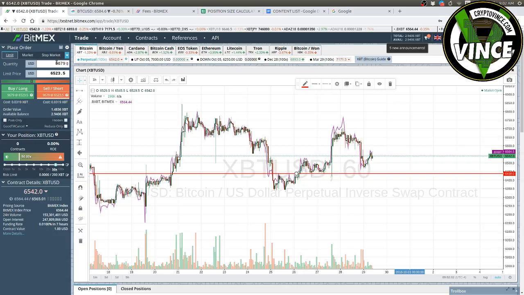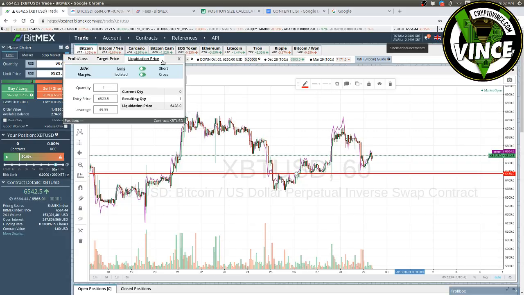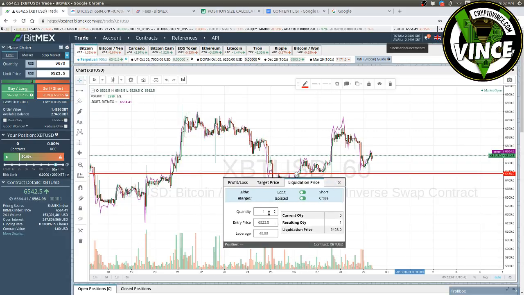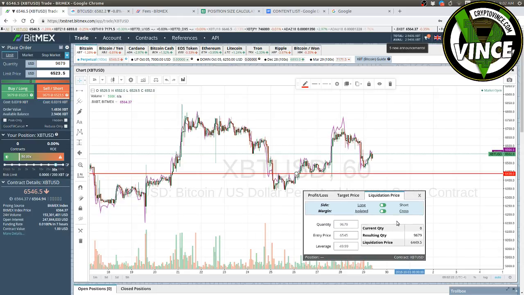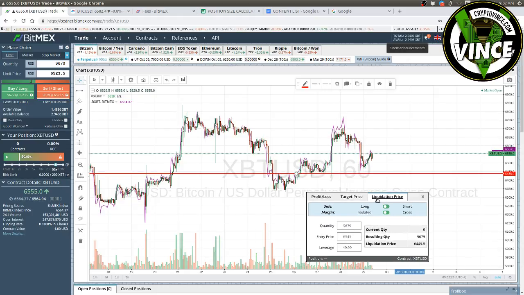So I go in my calculator, and of course the quantity doesn't really matter now. 9679. My entry price is 6545. This tells me when I'm going to get liquidated. That's the tool, this liquidation price tool.